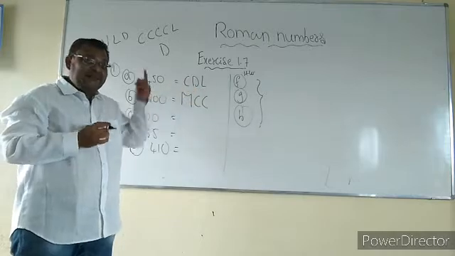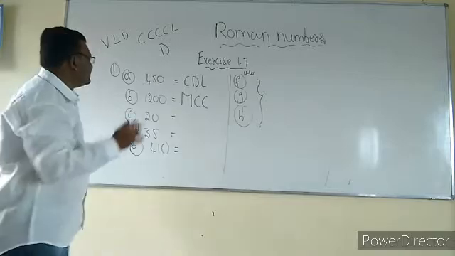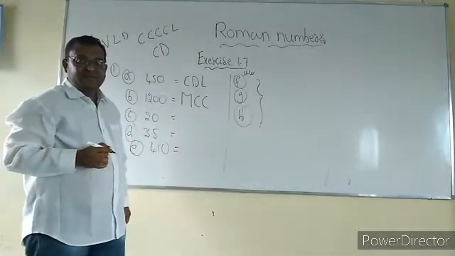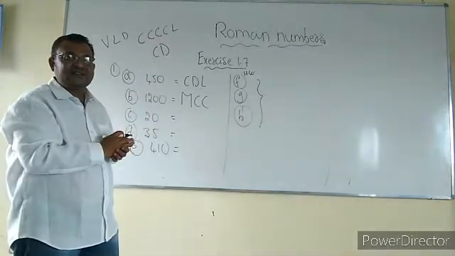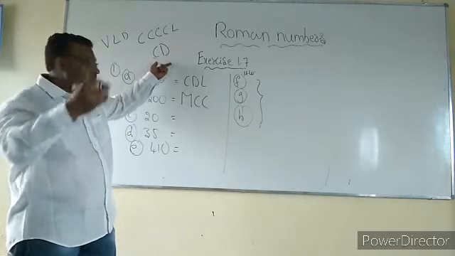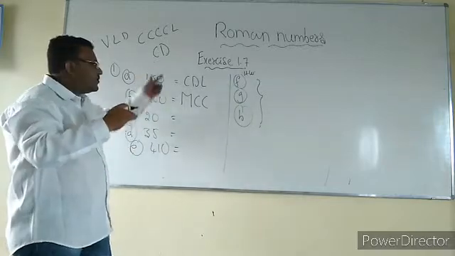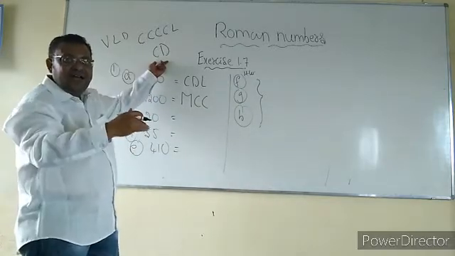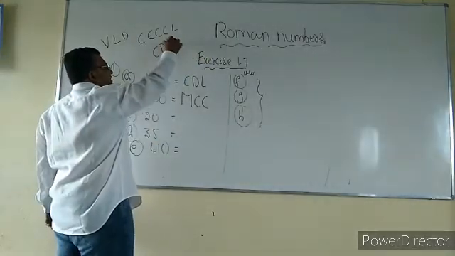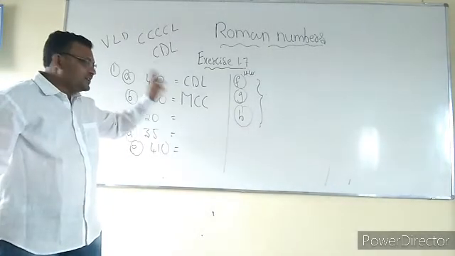Then subtract 100 from that one. 100 can be subtracted, rule allowed. So first write 500, subtract 100 from that one. Subtraction means we have to write it on the left side. Then how much did it become? 400. Now how much more has to be added to become 450? 50 more. So 400 plus 50. Plus 50 means we have to write it on the right side. That is one model.